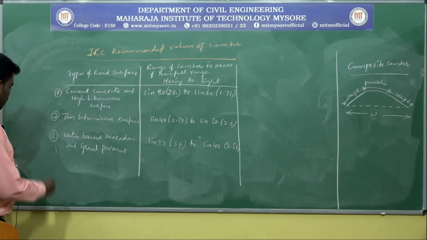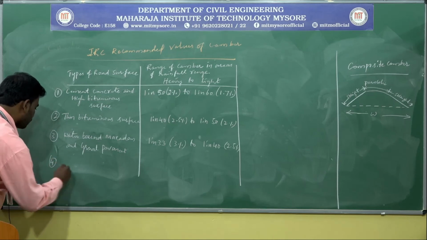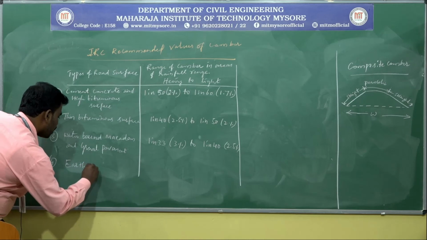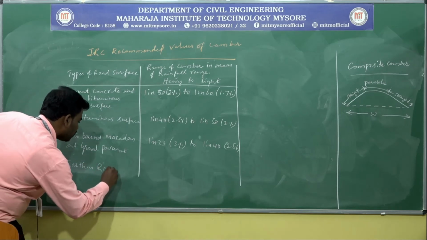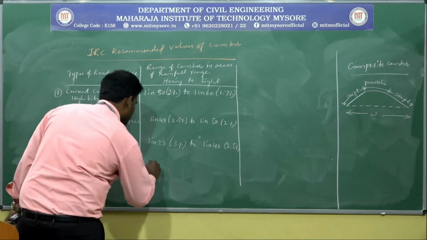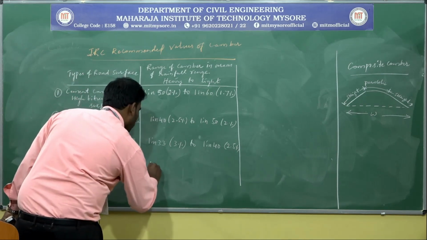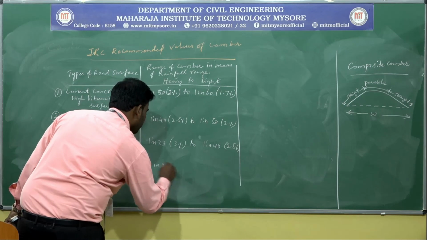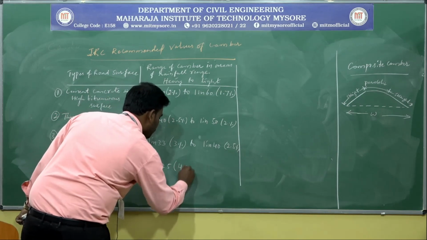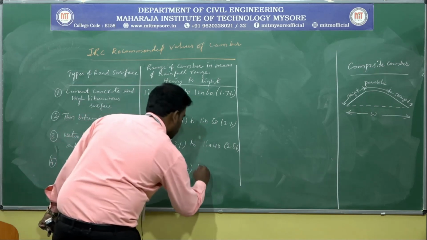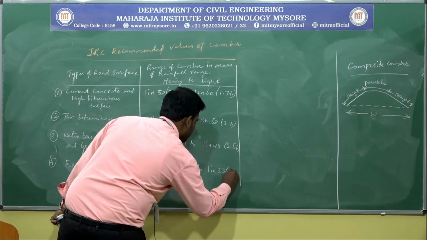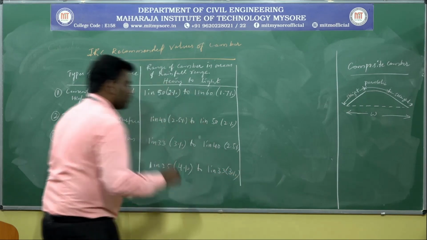And the fourth one is earthen roads. For earthen roads, it is 1 in 25, that is 4%, to 1 in 33, that is 3%.